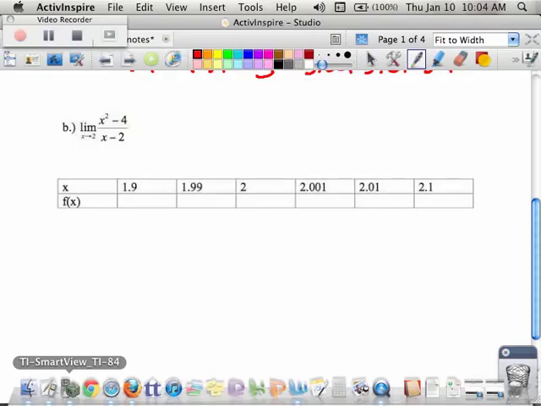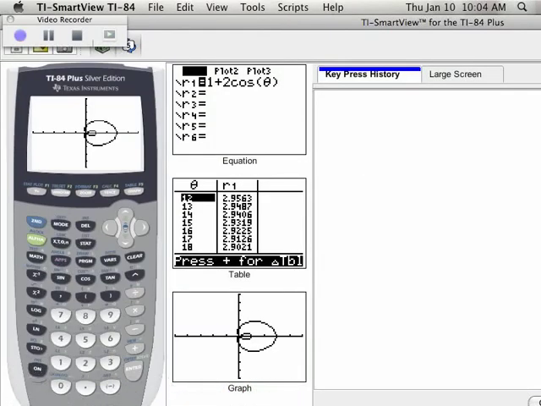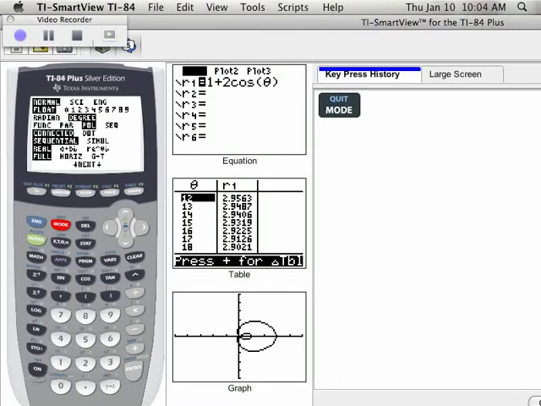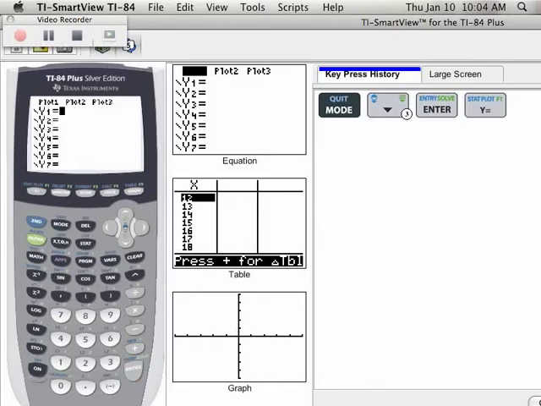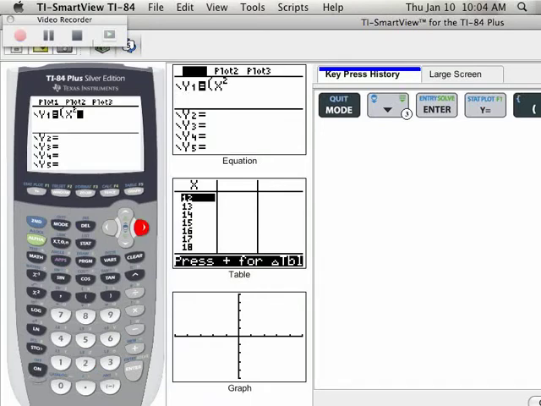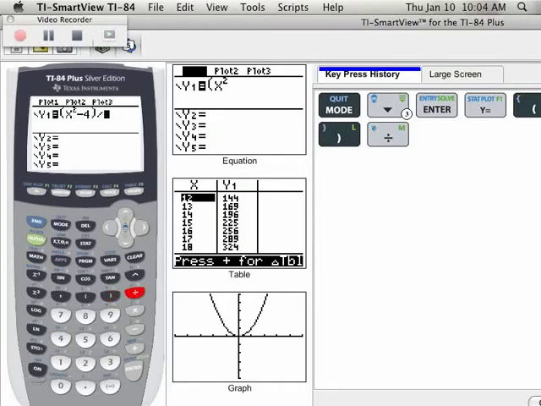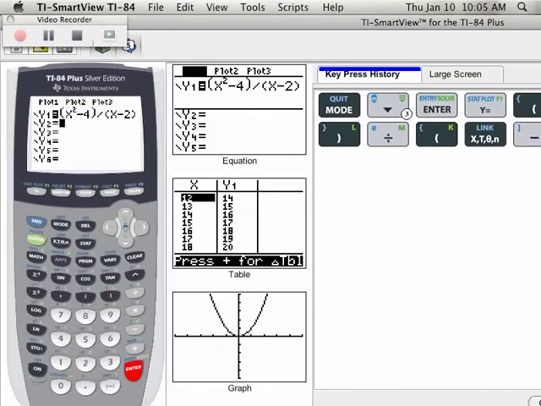So in my calculator, if I go to my y equals, and I type in parentheses, was it x squared minus 4? So I have x squared minus 4 divided by x minus 2. I think that's the one that they wanted.